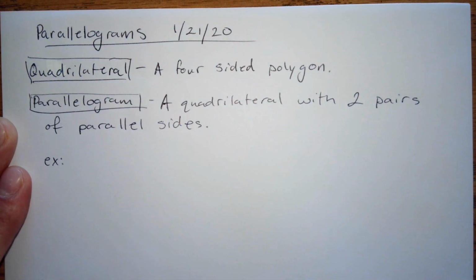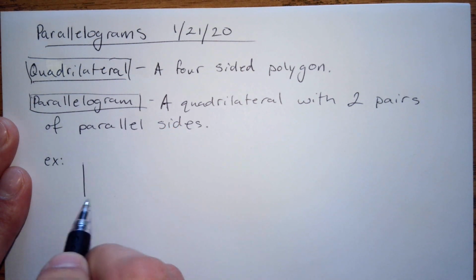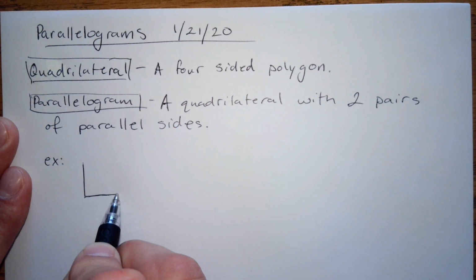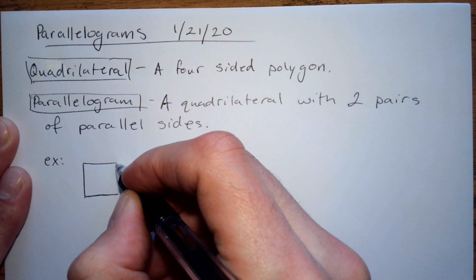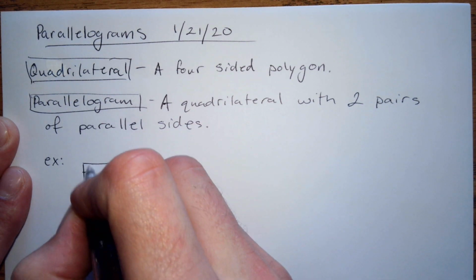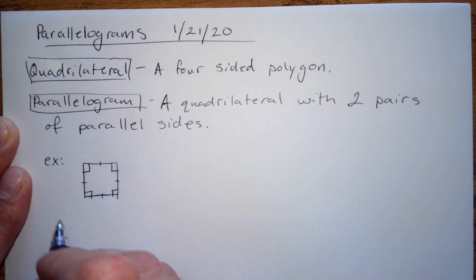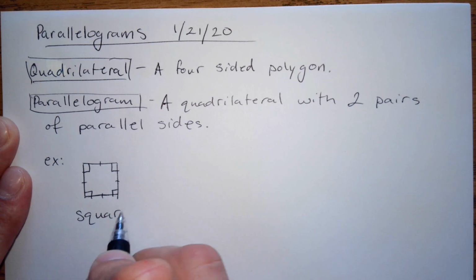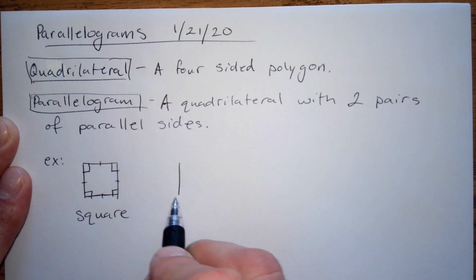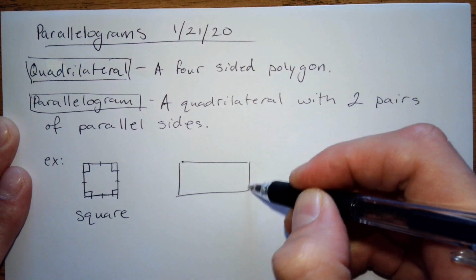So, some examples. Does anyone know a name of a common parallelogram? A square. A rectangle is a parallelogram.